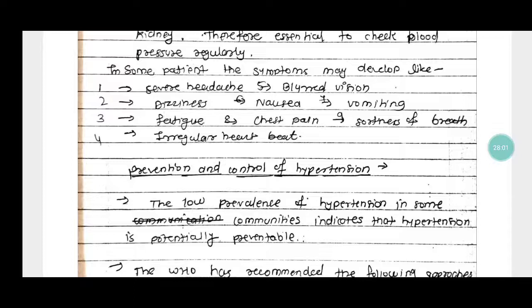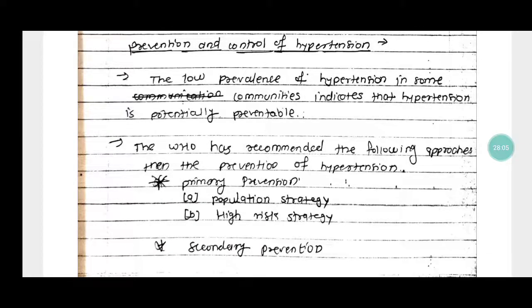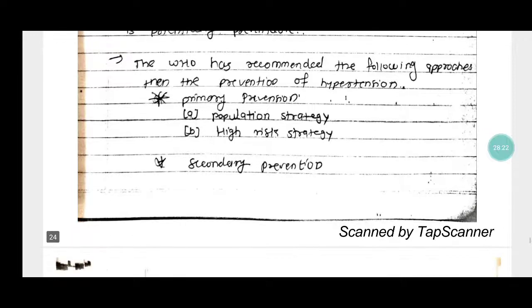And even the prevention and control of hypertension: low prevalence of hypertension in some communities indicates that hypertension is potentially preventable. The population strategy and the high risk strategy are used for prevention of hypertension.